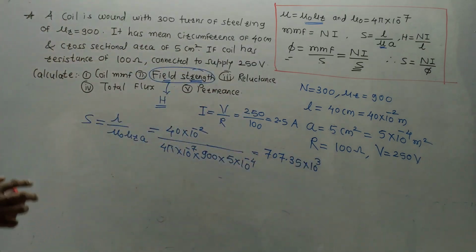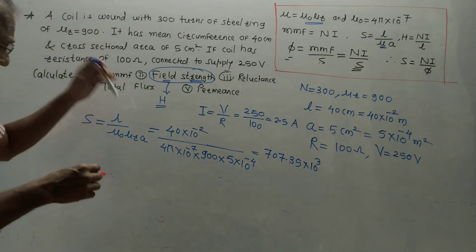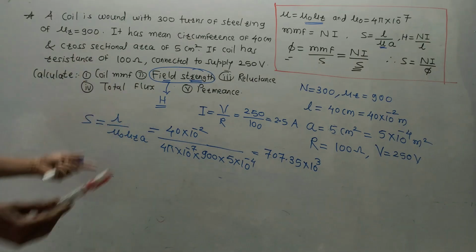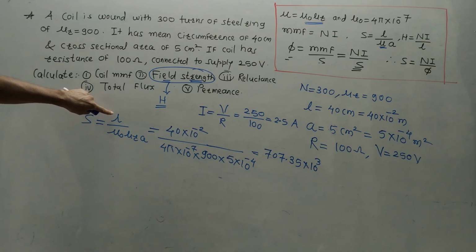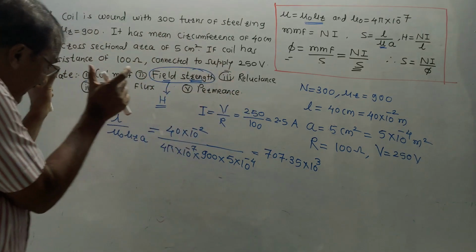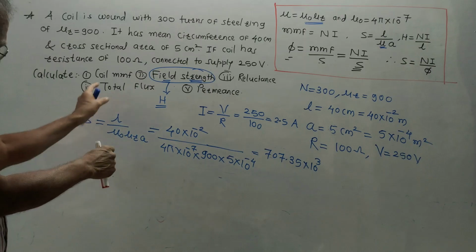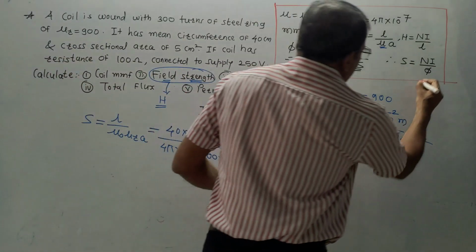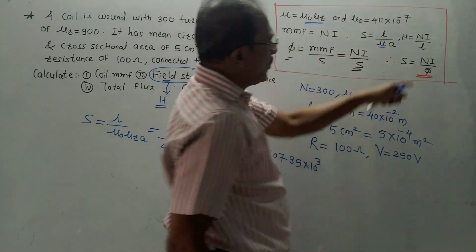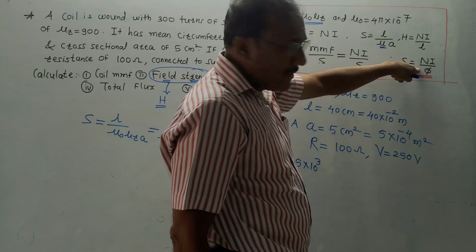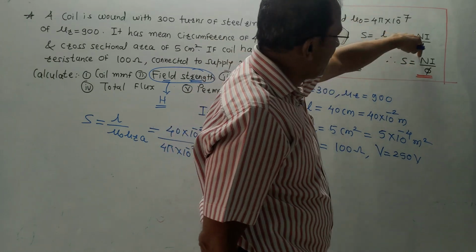What about the unit? Now, how to write the unit? As far as this formula is concerned, you may be thinking L is the length measured in meters, mu 0, mu r are constants, then A is meter square. I will tell you one simple thing. As far as reluctance is concerned, don't try to write the units using this formula. Consider this equation to write the unit of reluctance. Even if I am not using this equation for calculation, for generation of units, do remember it.